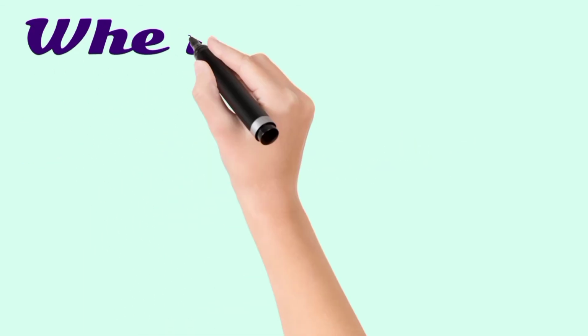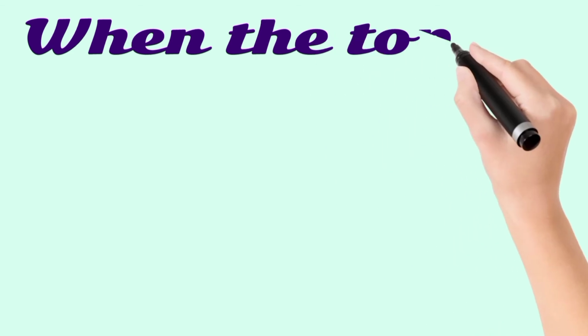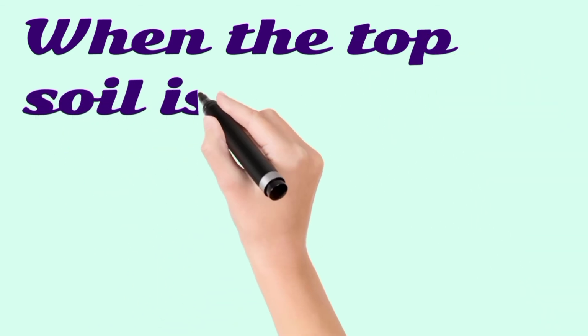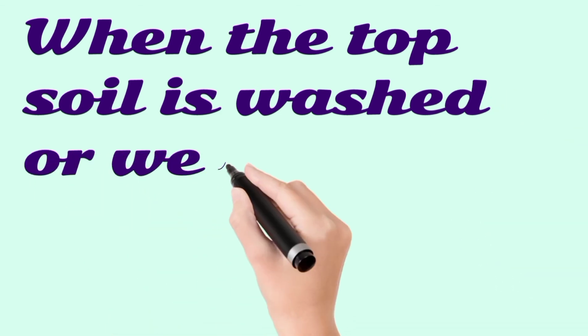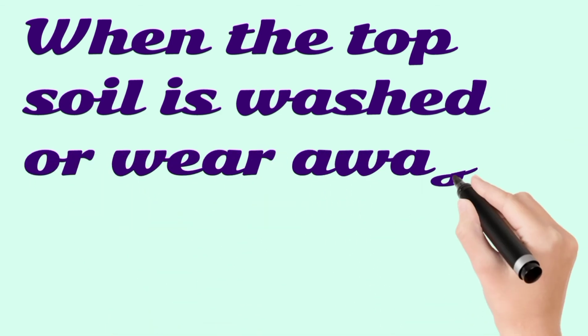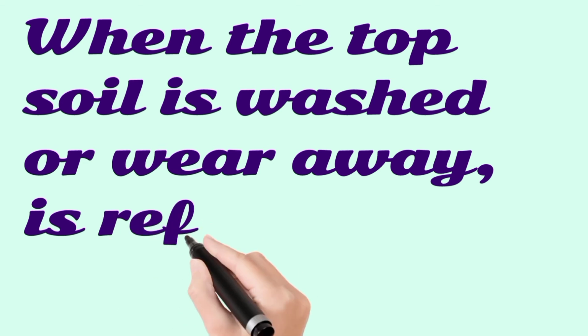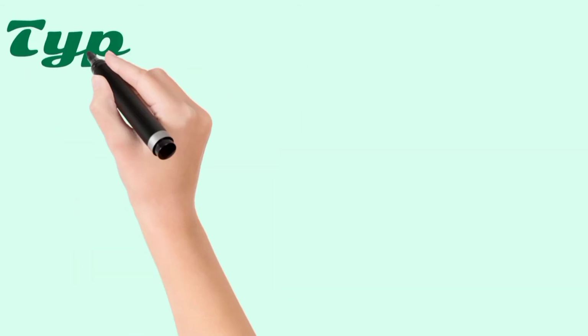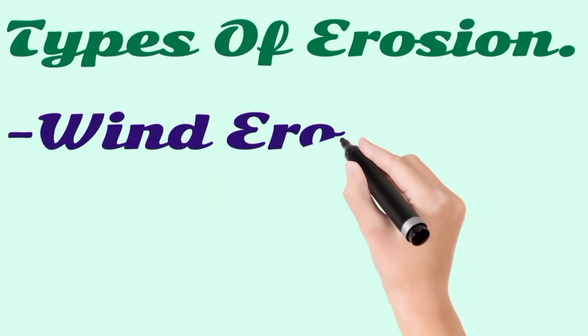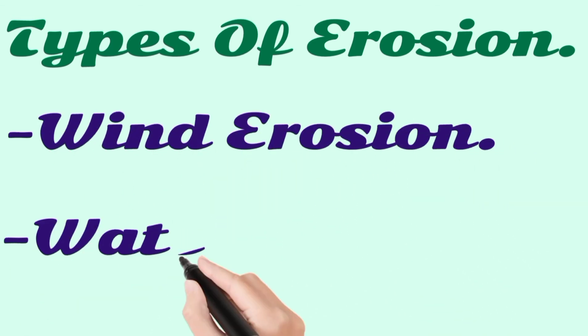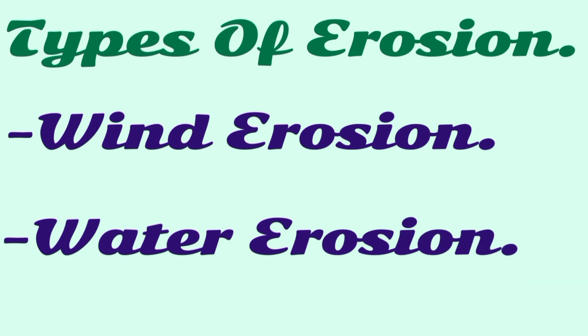So when the topsoil is being washed away from the surface, it is referred to as soil erosion. We have two major types of soil erosion: wind erosion and water erosion.